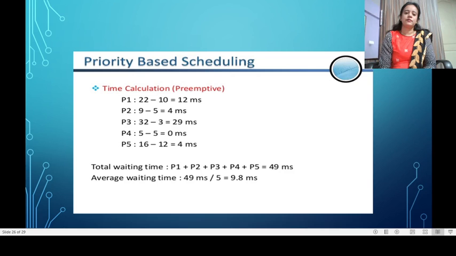In the time calculation of the processes, the total waiting time is 49 milliseconds, and the average waiting time is 49 milliseconds divided by 5, which gives 9.8 milliseconds.